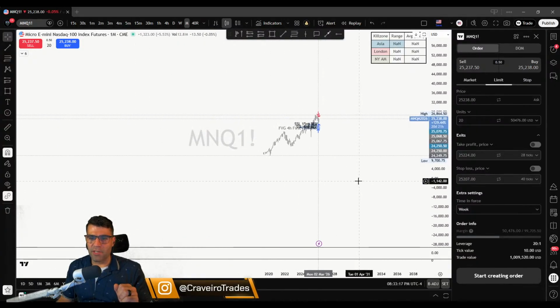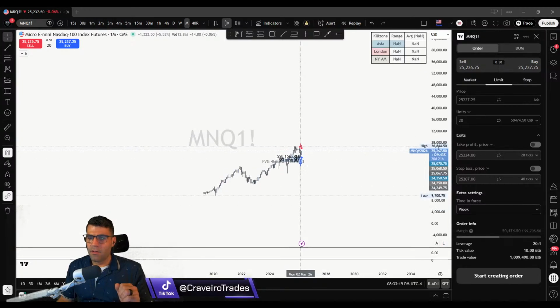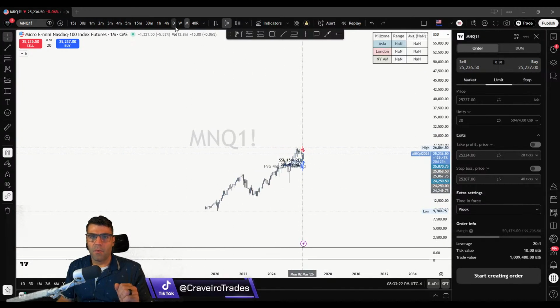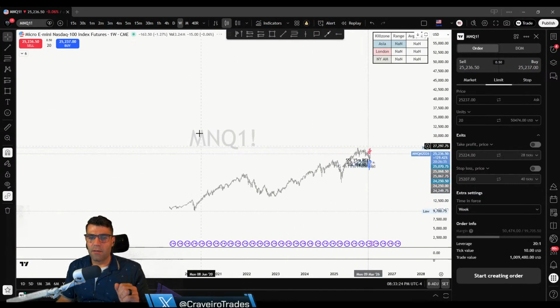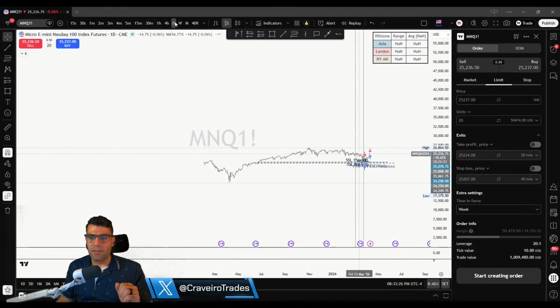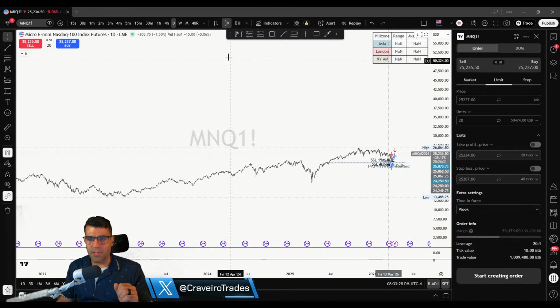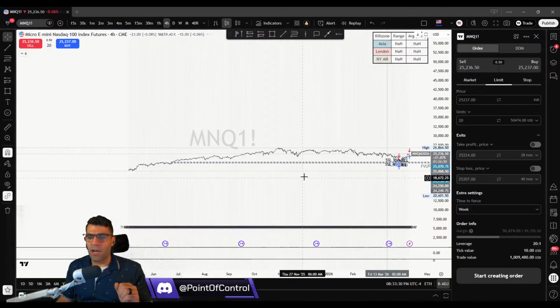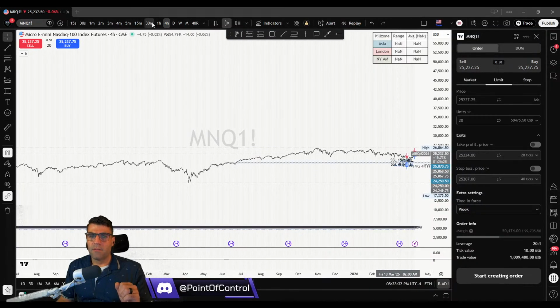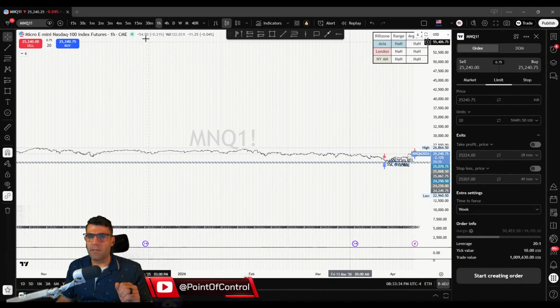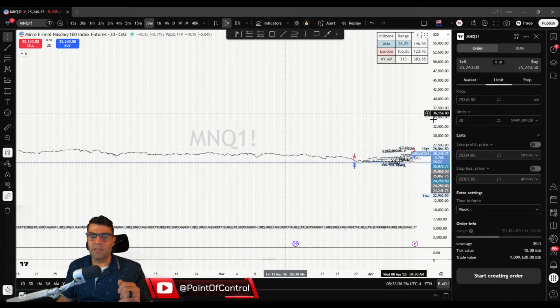Each candle represents 1 month. Up. Weekly candles. Daily candles. Each one is a day. 4-hour candles. 1-hour candles. It just keeps going. 30 minutes, so on and so forth.